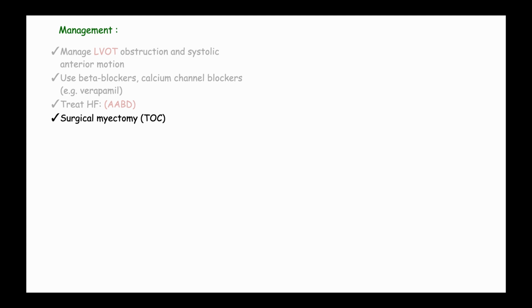Then we can also do the alcohol septal ablation. This method is not so popular. It's not done almost everywhere, but it's one of the methods that we use in the management of left ventricular outflow obstruction.